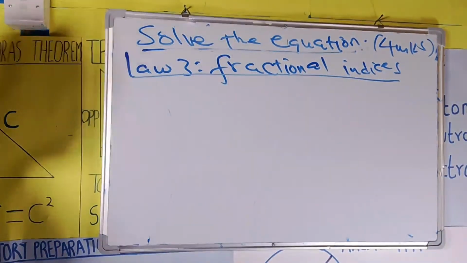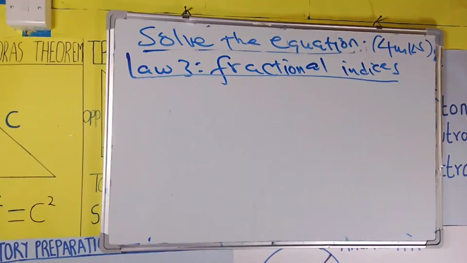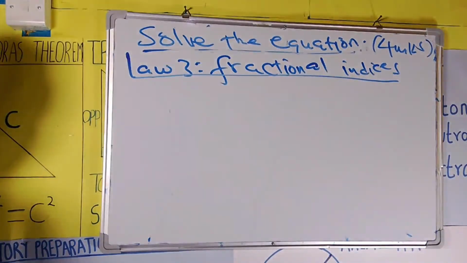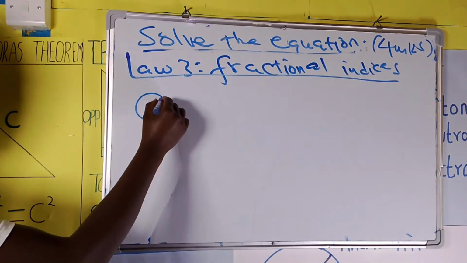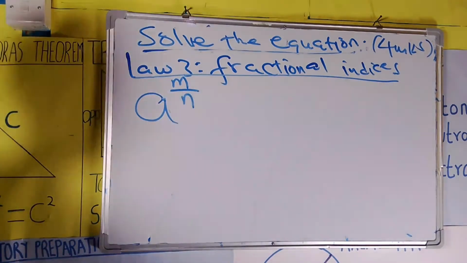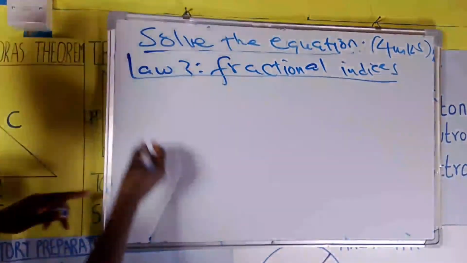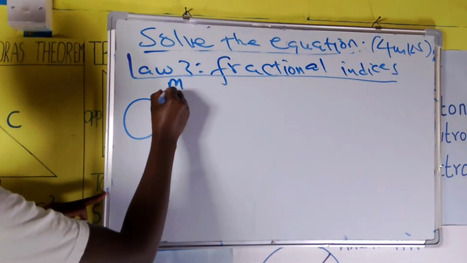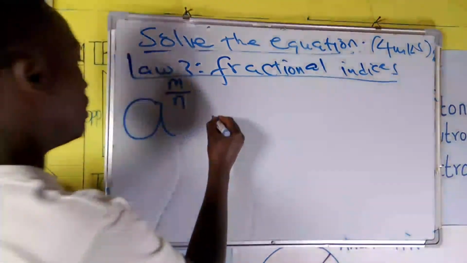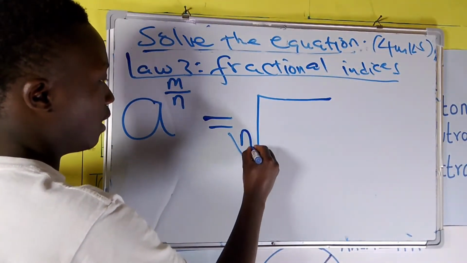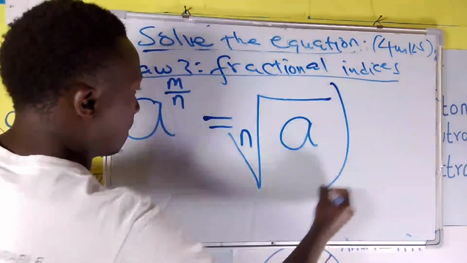By fractional indices, we have the law that says a to power m over n is the same as the nth root of a to power m.